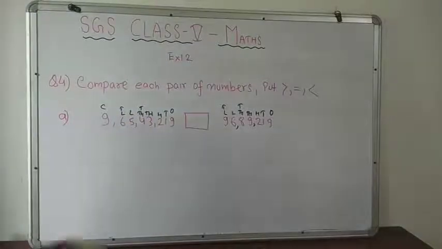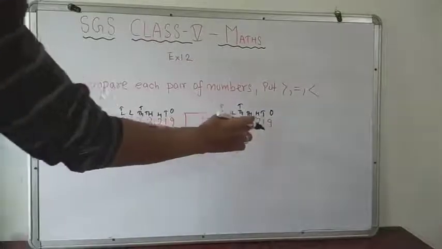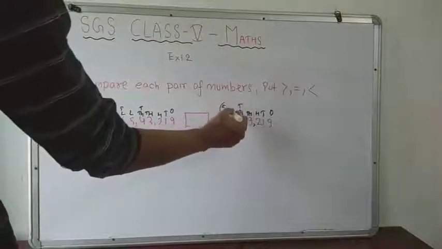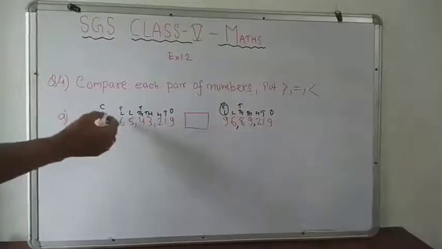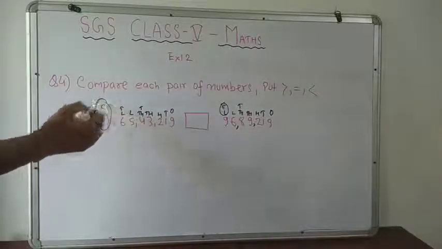As you can easily notice, the maximum place value of the following number is 10 lakh, that is 9, and in the other number the maximum place value has the name crore.